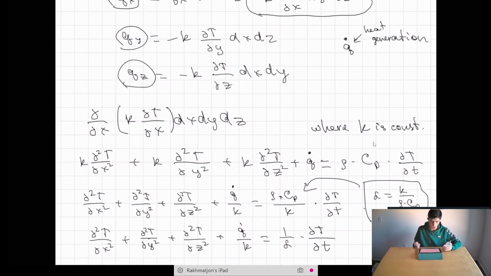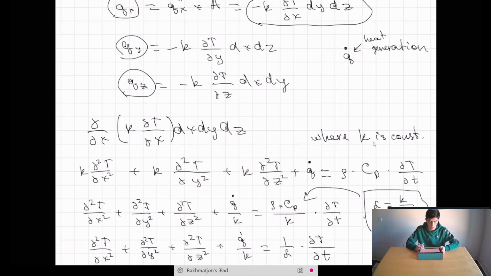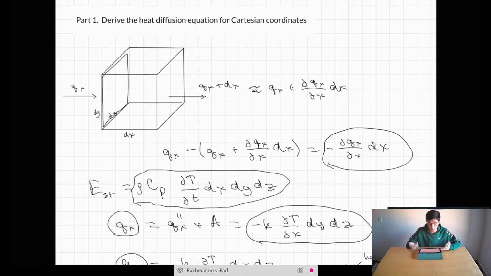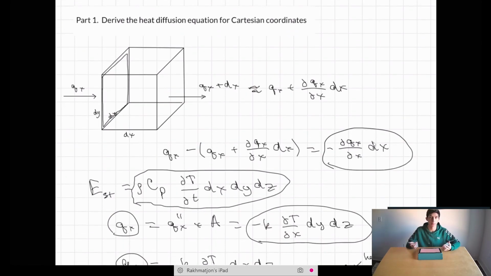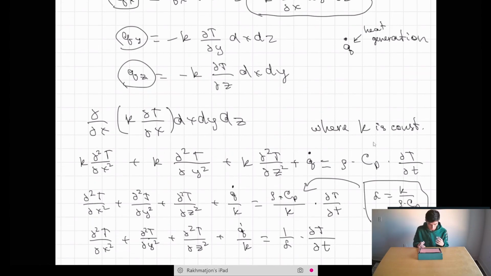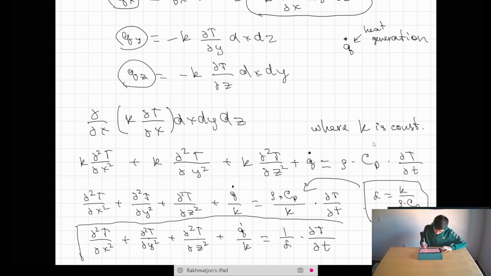So the last thing we derived is the heat diffusion equation in Cartesian coordinates. We used the cube example, which has 3 dimensions, so we considered the motion in the x, y, and z directions to find the heat diffusion equation in Cartesian coordinates. So that is going to be our answer. Thanks for your attention.